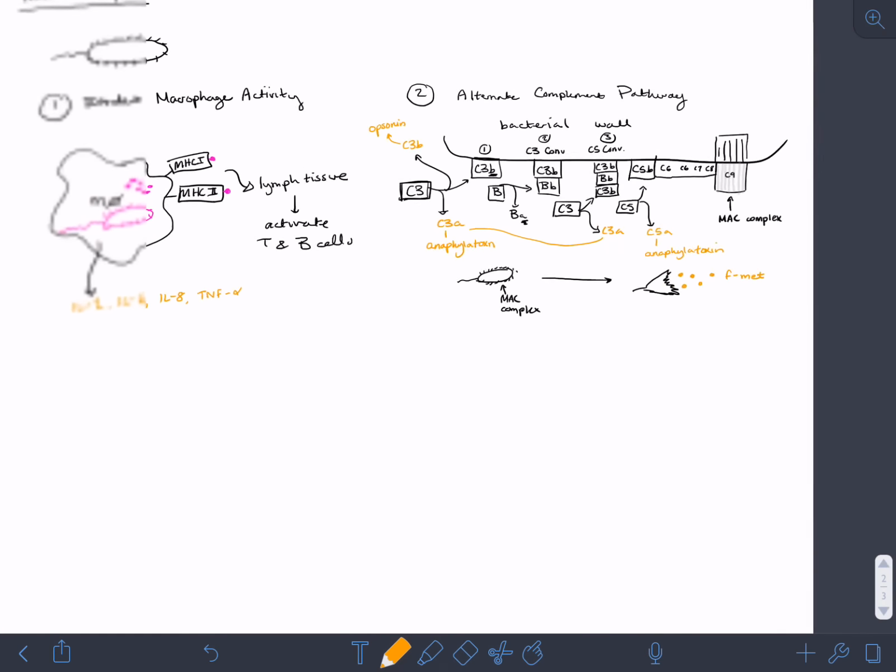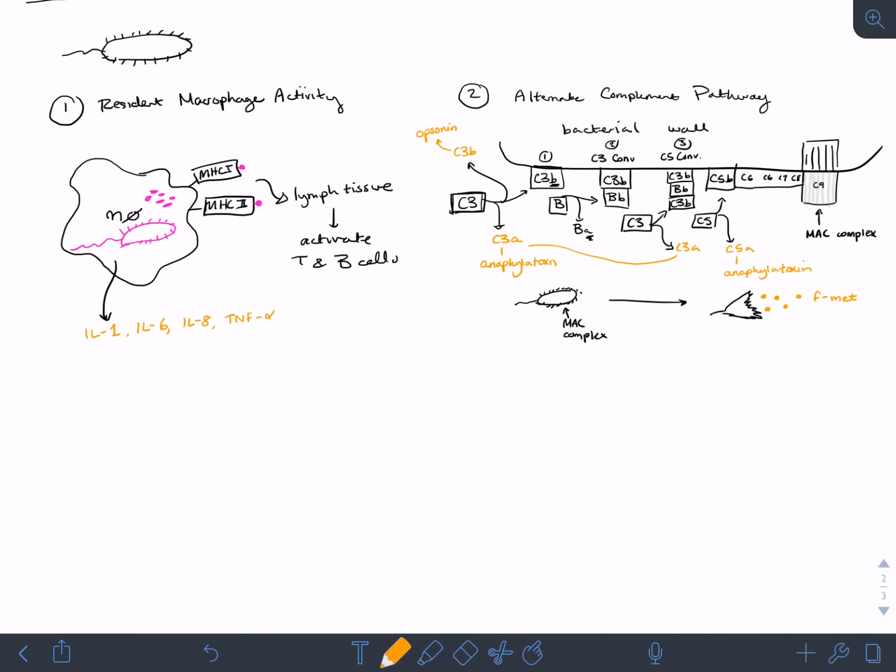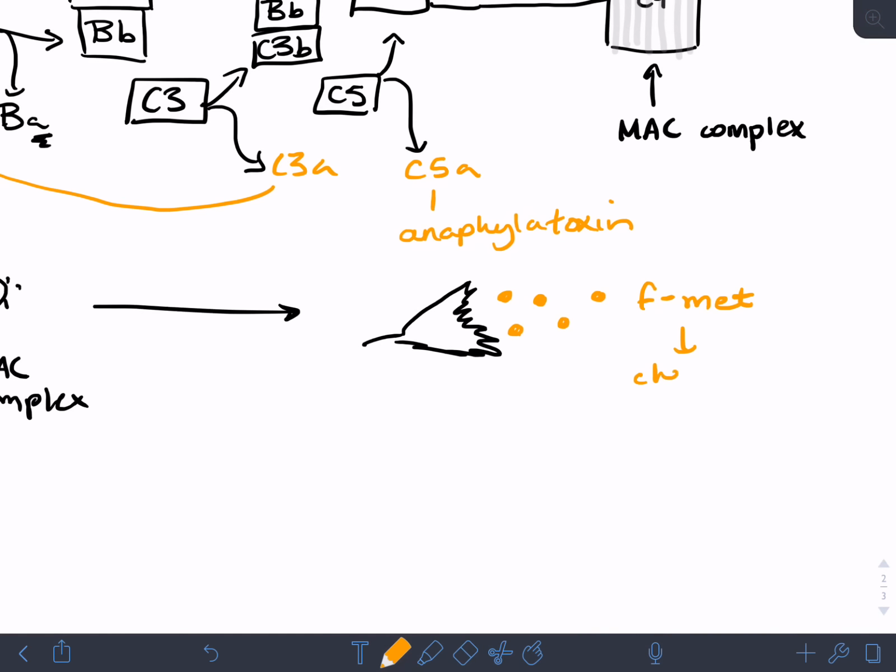So all the things that I just drew in orange are going to be reused for the next steps. In the first 2 steps, your resident macrophage is going to release IL-1, IL-6, IL-8, TNF-alpha. In the alternate complement pathway, you're going to release C3a, C5a, and C3b, and also F-met. Oh, and F-met's function is chemotaxis.